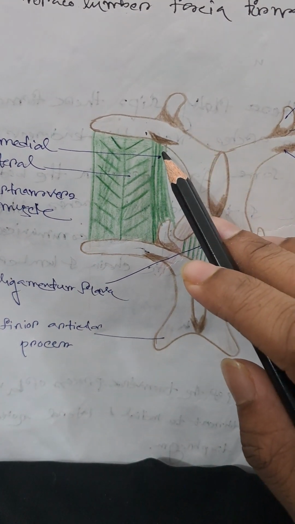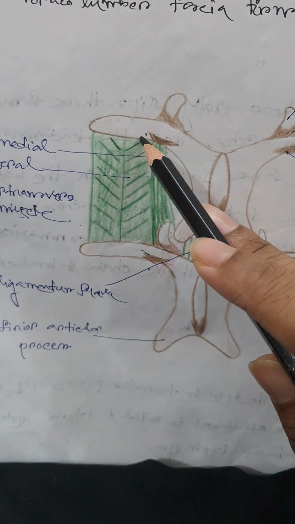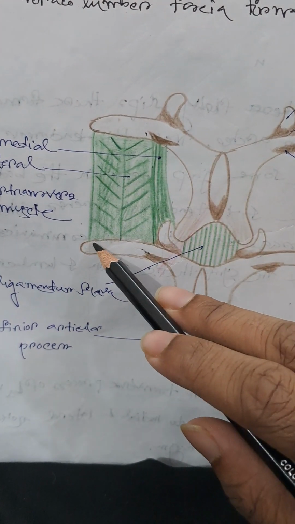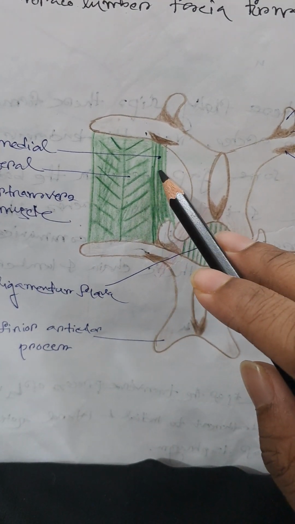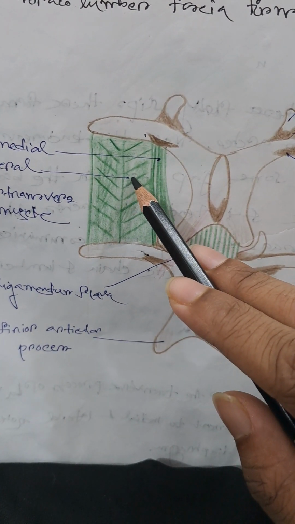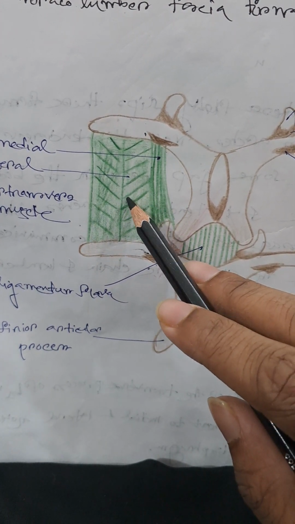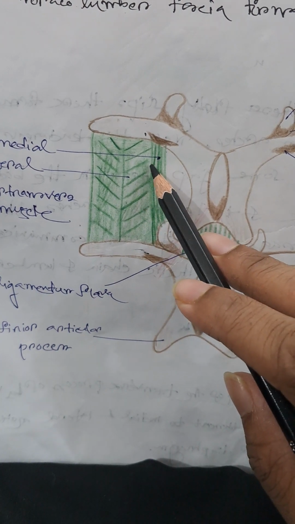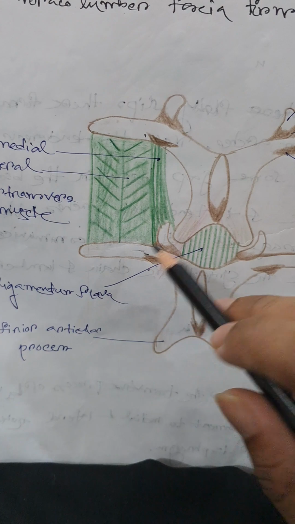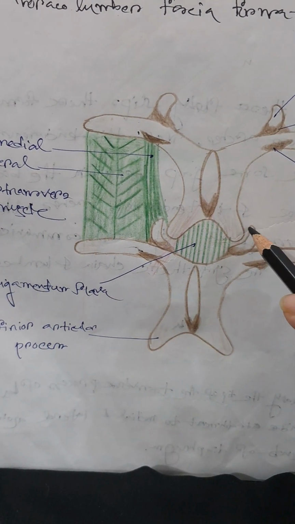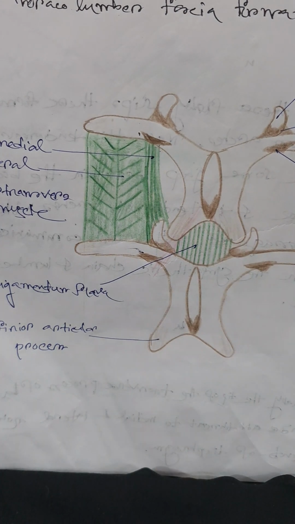In the lumbar vertebra, the inferior surface of the transverse process and the corresponding superior surface of the transverse process are attached with the medial part and lateral part of the intertransverse muscle. The medial is short and the lateral is big. And this is the ligamentum flava, in the interior of the vertebral canal.